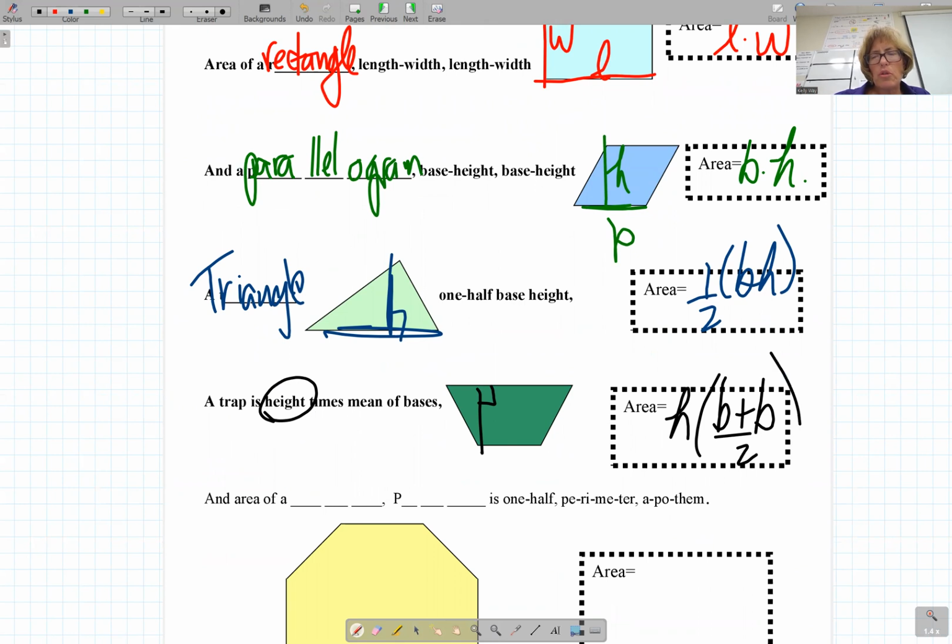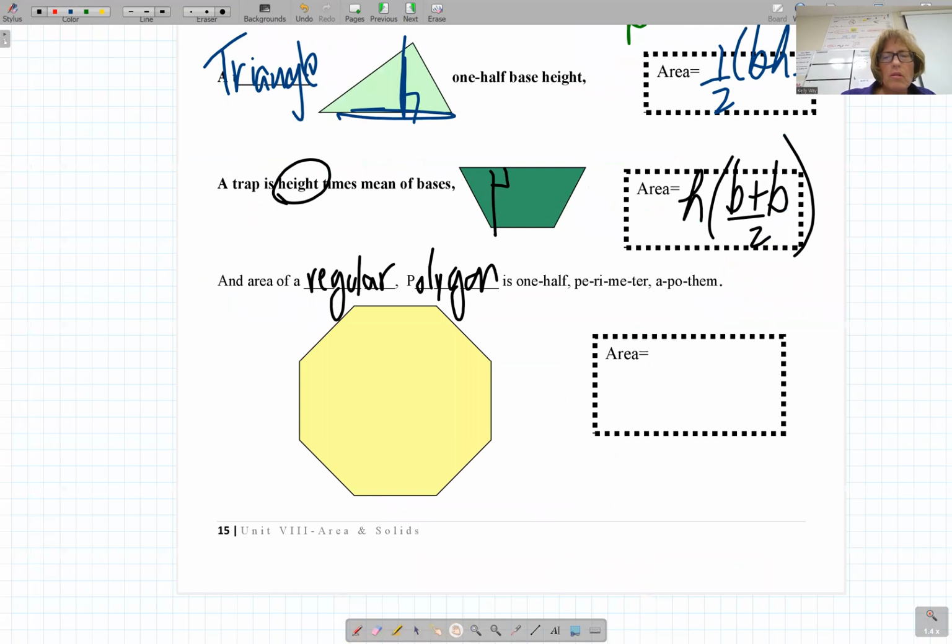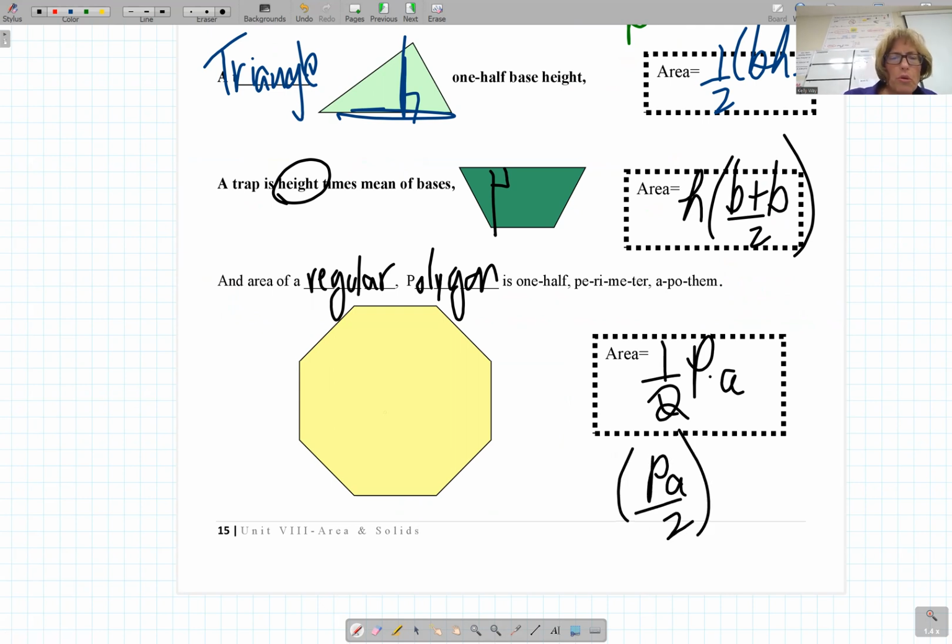Base plus base over 2. It's kind of backwards the way we learned it, but it fits the song better. An area of a regular polygon is 1/2 perimeter times apothem, also known as Pa over 2. There's your apothem, perimeter.